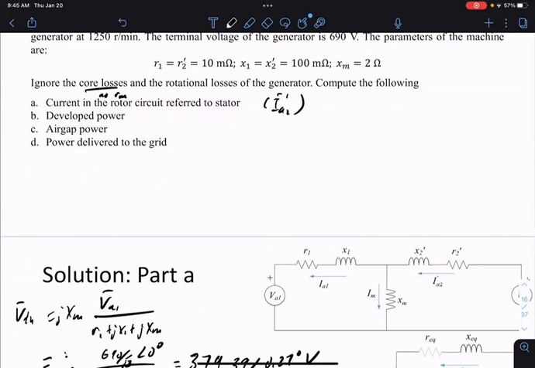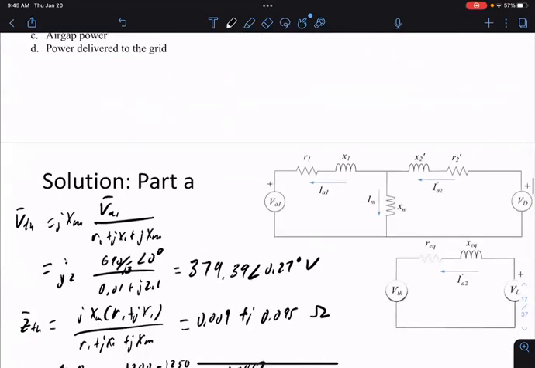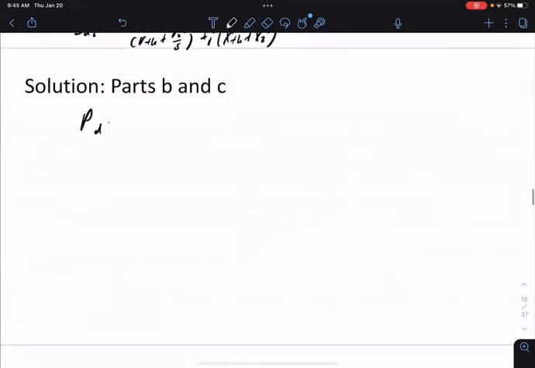Now let's compute the developed power. Again, this is knowing what equation to use and plugging it in. Developed power, if you look at the equation we had before, is minus 3 times (1 minus S over S) R2 prime times IA prime squared.